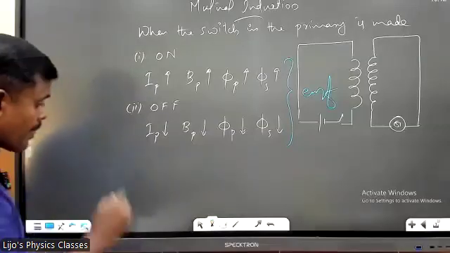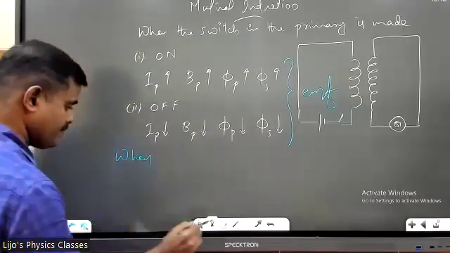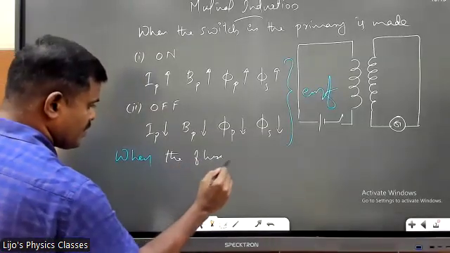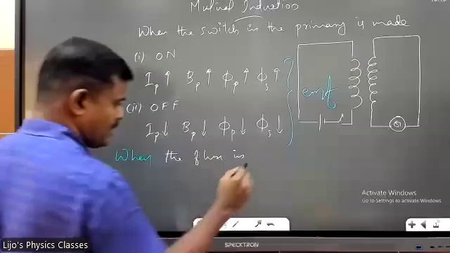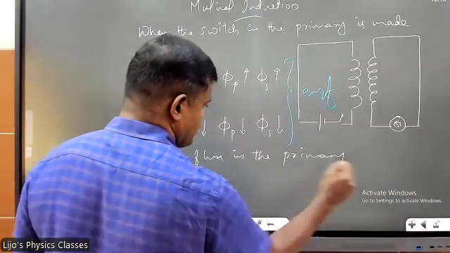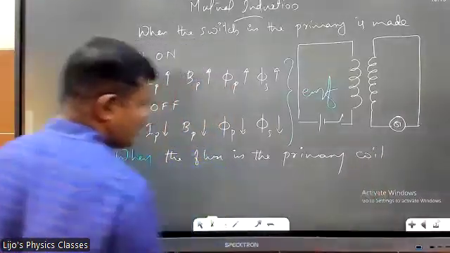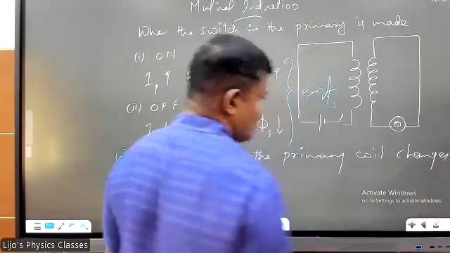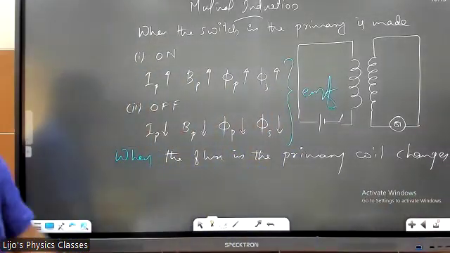So you can write, when the flux in the primary coil changes, where do you see the effect?